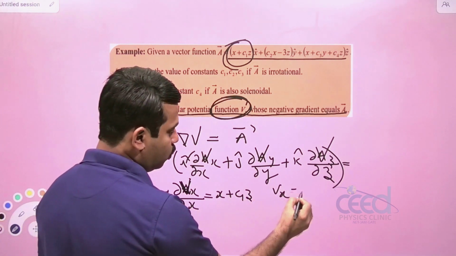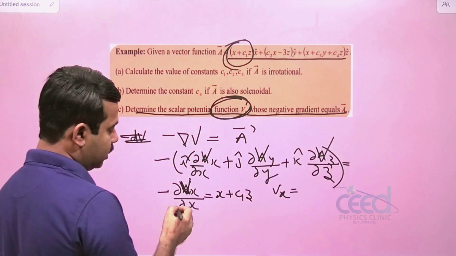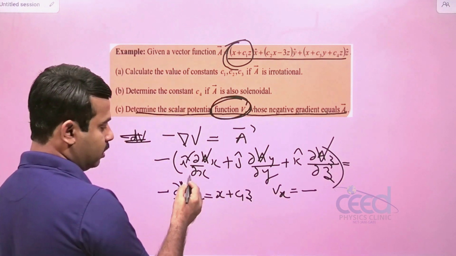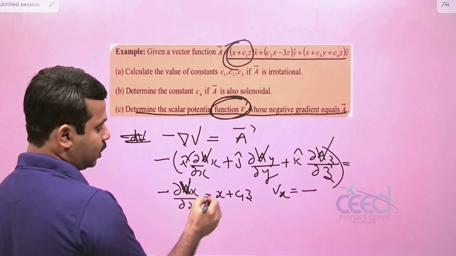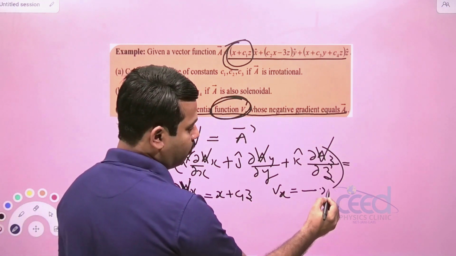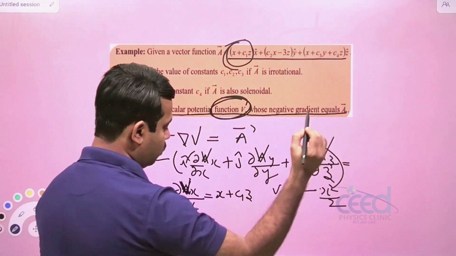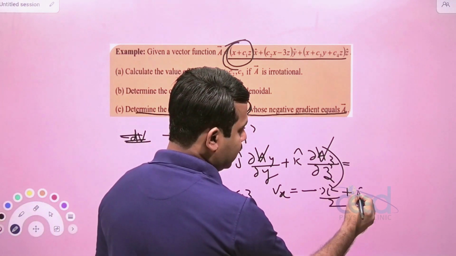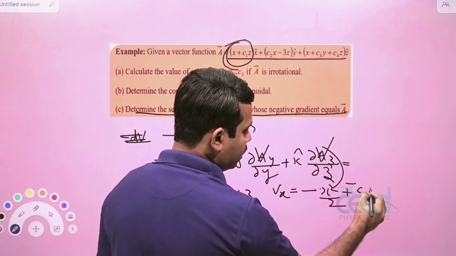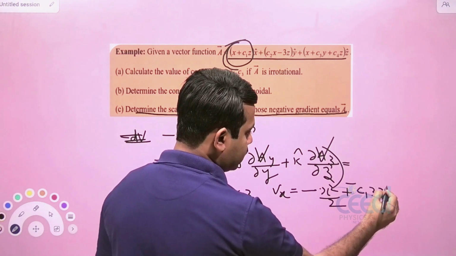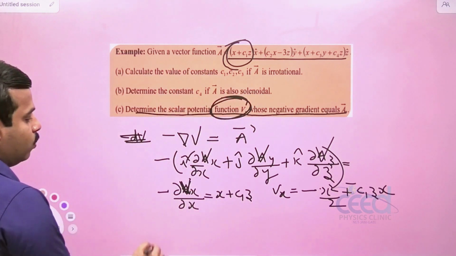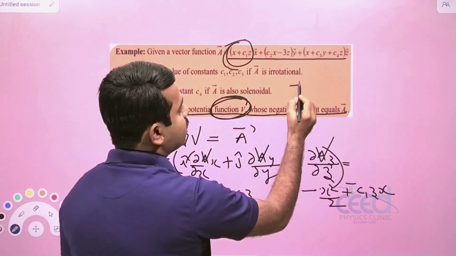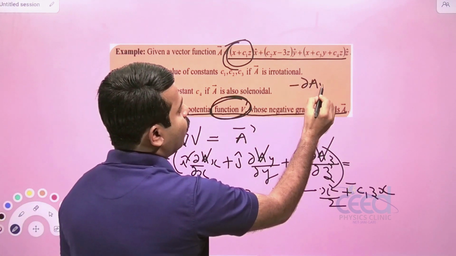Minus of, integrate this side with respect to x: x square by 2, and C1 z with respect to x, C1 zx.